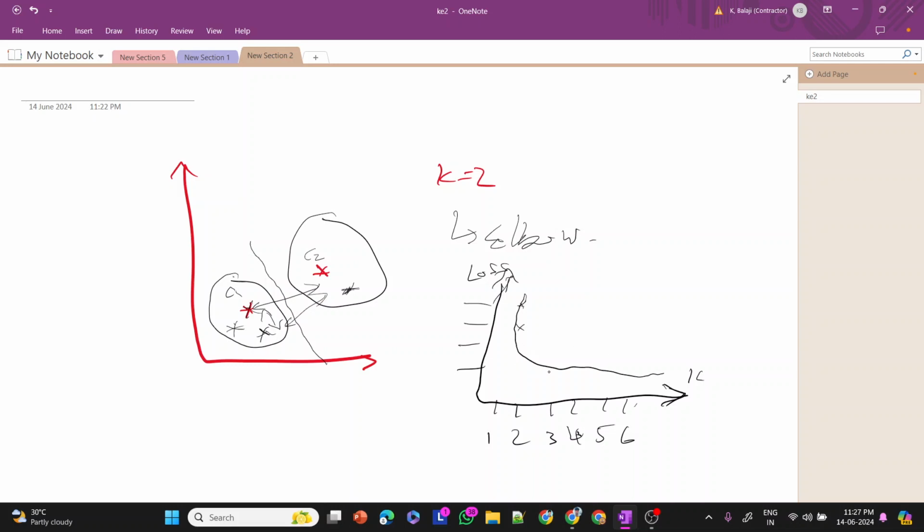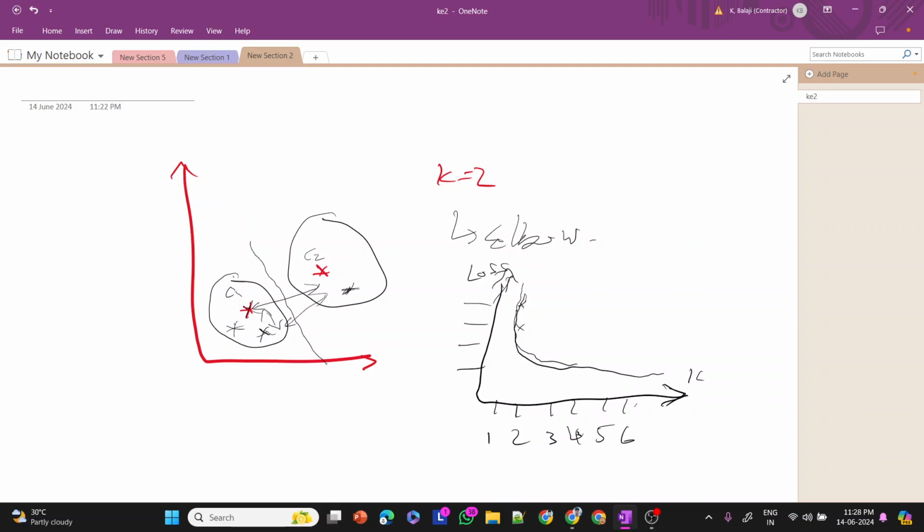We have to see the difference between k and the loss function. The k and loss function, where k means cluster, we can see that this curve is in the form of an elbow.